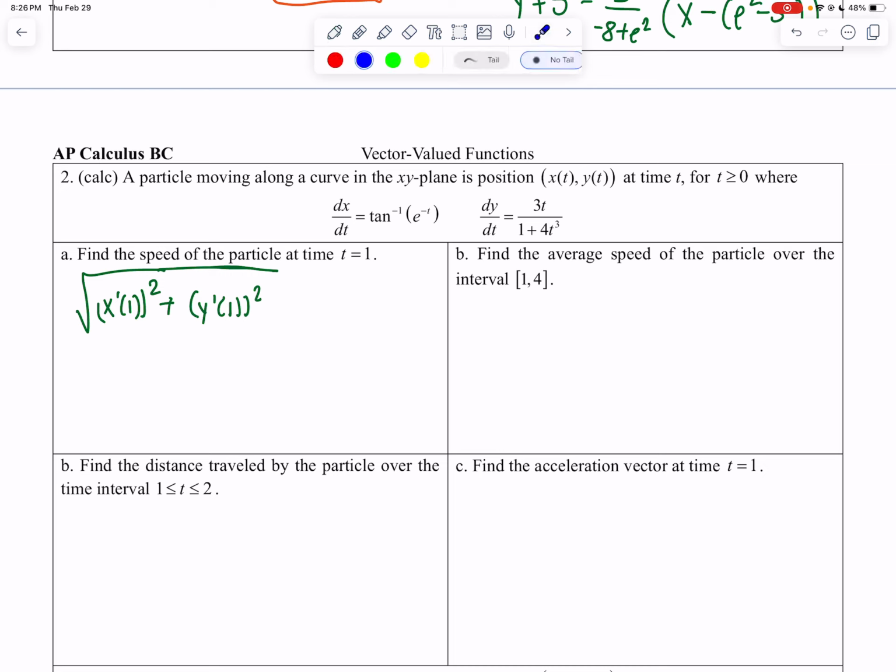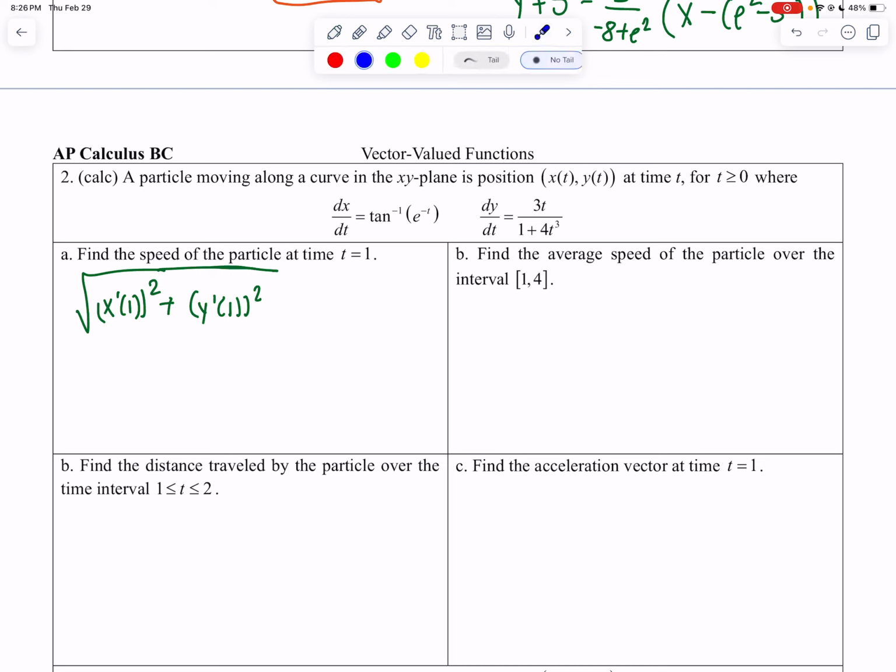So here I'm going to do d/dx of y1 with respect to x at x is equal to 1. That's going to give me my acceleration vector for my x component at t is equal to 1.